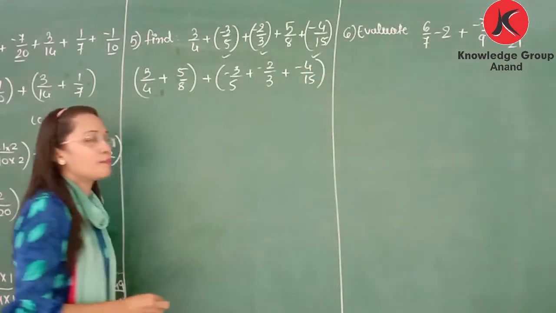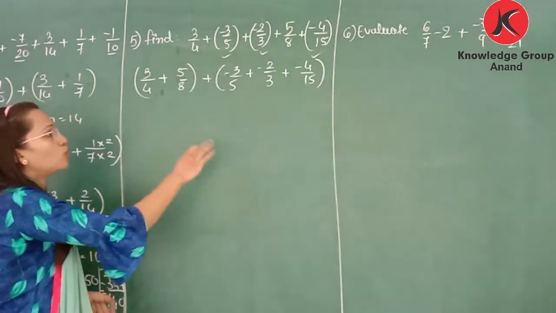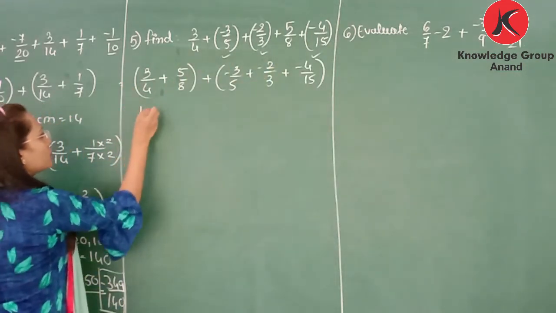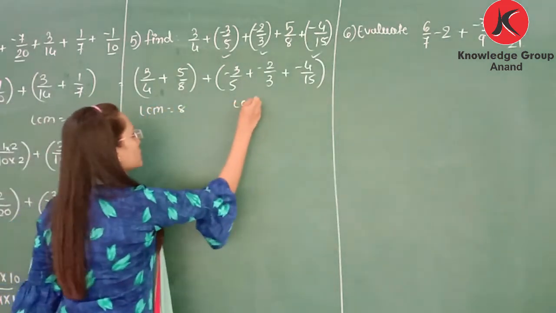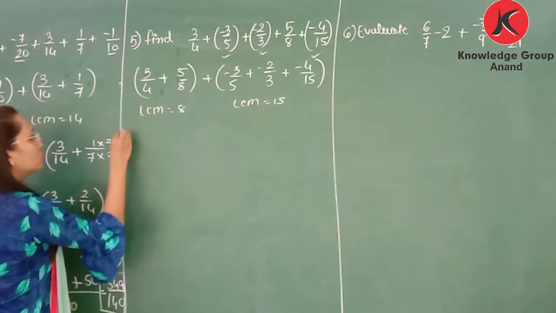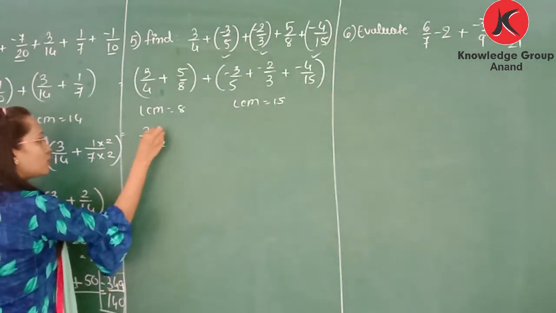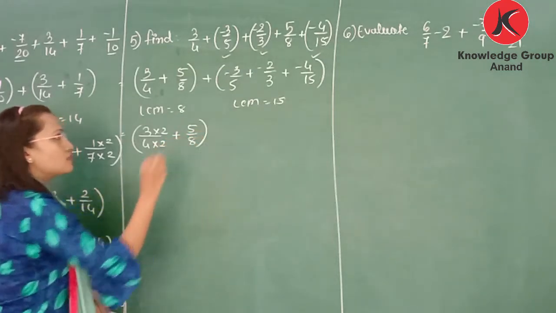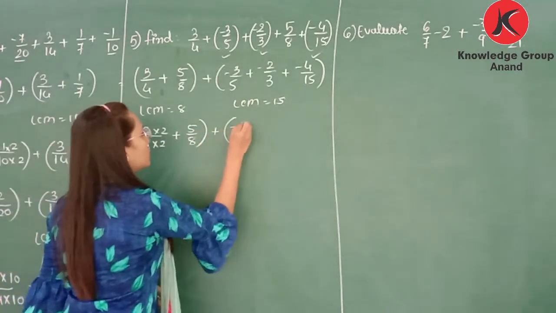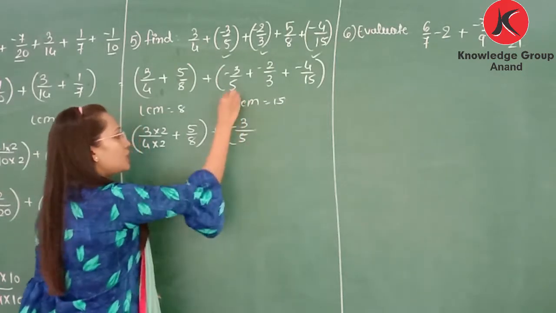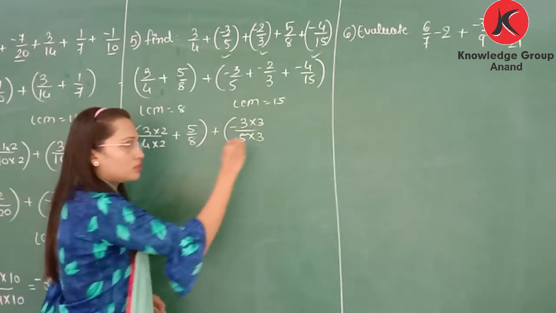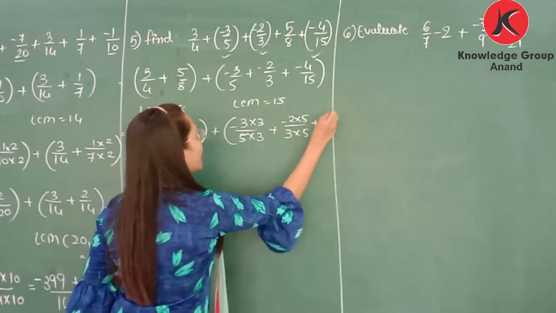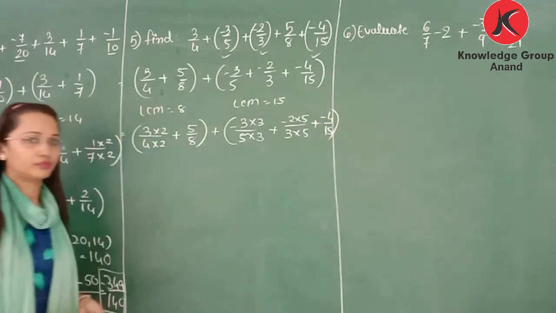You can also solve this example without making groups by taking the LCM of all the denominators. So here the LCM of this is 8 and the LCM of this is 15. So now 3 by 4 is multiplied with 2 in the numerator and denominator, 5 by 8 as it is. Now here to get 15, we need to multiply this one with 3, minus 2 by 3 with 5, and minus 4 by 15 as it is.